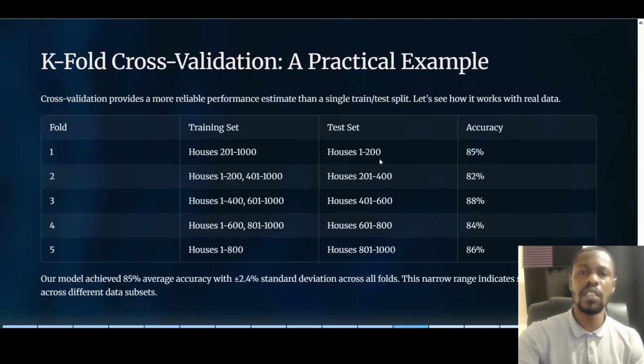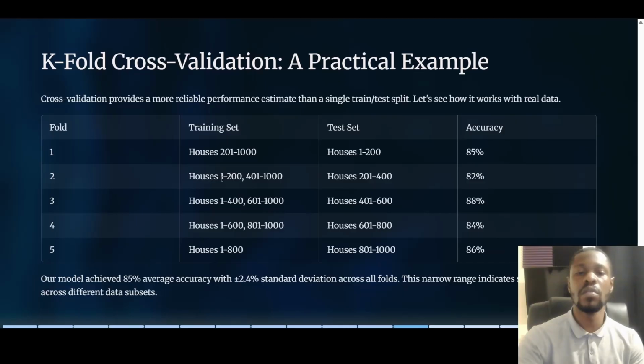Let's say, I don't know exactly what we're trying to calculate, maybe it's house prices or whatever it may be, we've got an 85% accuracy score. Now we're going to repeat it, except this time we include what was previously the test set in the training set, and what was previously part of the training set is now going to be the test set.